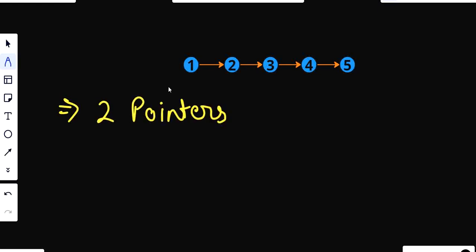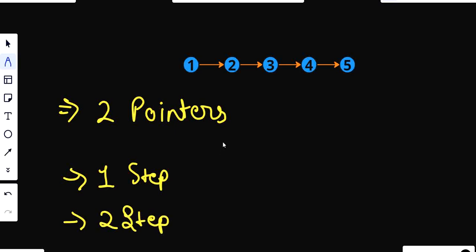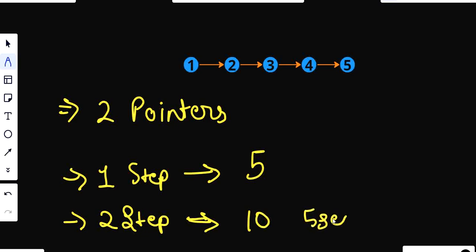Now if I say there are two pointers, where one is moving with 1 step and the second one is moving with 2 steps, then we know that if this one is traversing 5 steps in 5 seconds, the second pointer is traversing 10 steps in 5 seconds, correct?